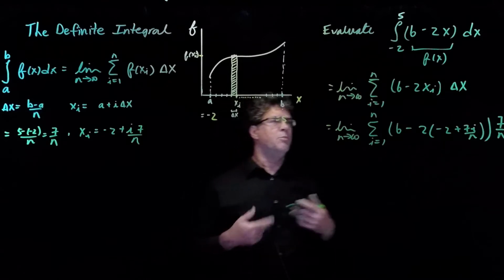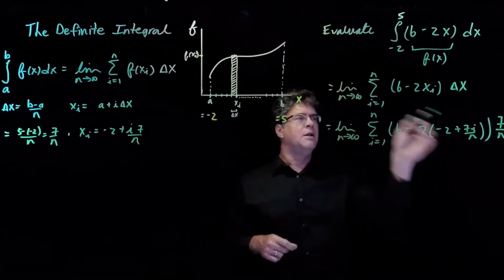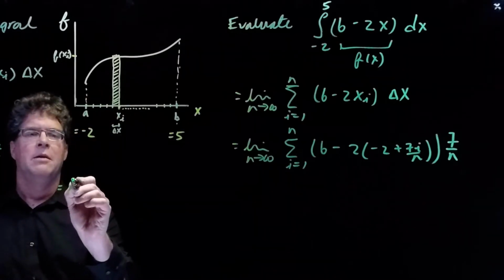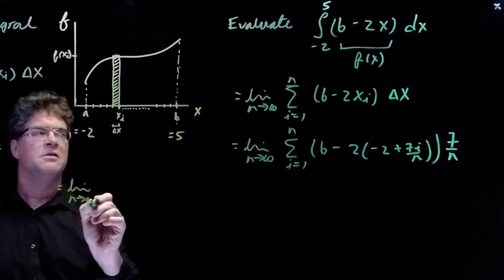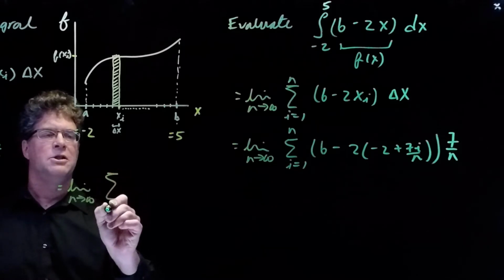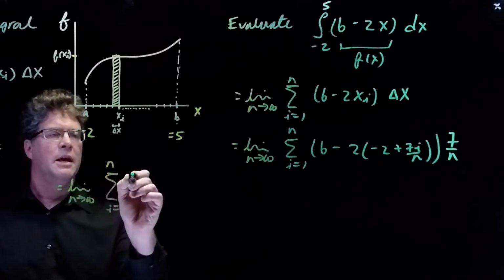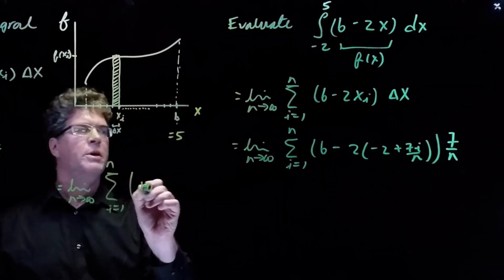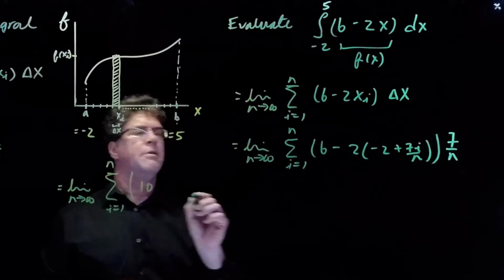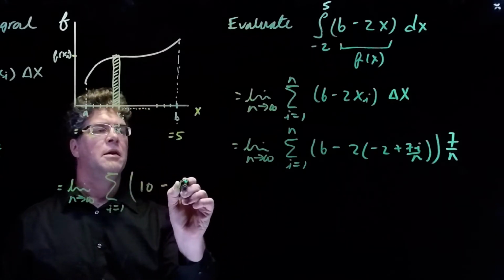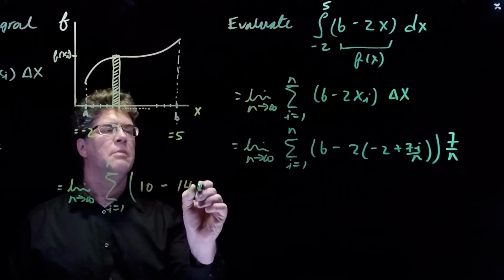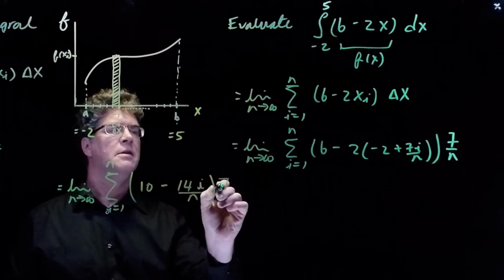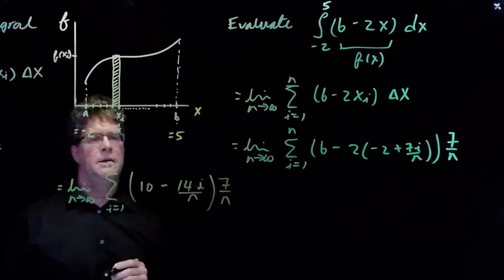We'd like to compute the formula exactly, so let's continue through. We can rewrite this as the limit as n goes to infinity of the summation i going from 1 to n. Now we see we have 6 plus 4, which is 10, and then minus 14 times i over n, times 7 over n.